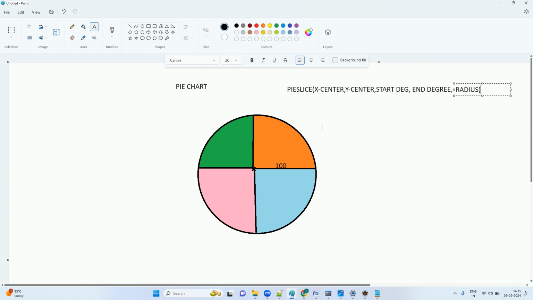Understood? So now can someone help me draw the orange slice? I'll take the orange color. Tell me, pie slice. To draw the orange slice, how will I draw it? The center coordinate, let's say, is 200, 200. So this is my center coordinate, 200, 200, assuming.